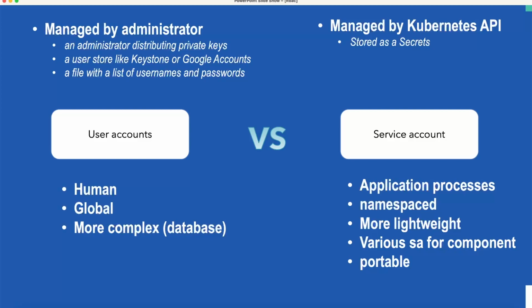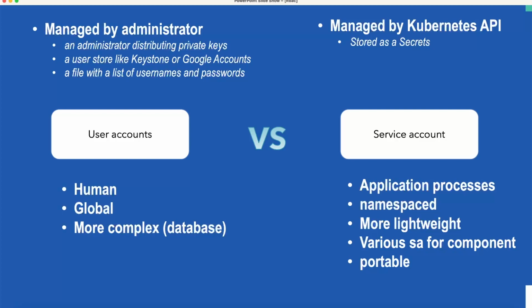You can have one service account, for example application X, in namespace X and one named application X in namespace Y. User accounts are more complex. It's not that complex, but it means that they need to be handled by a database.